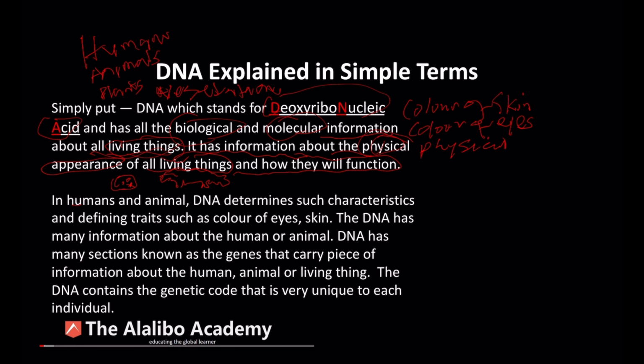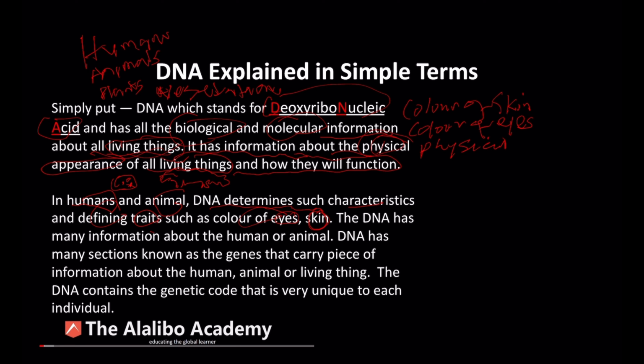So in humans, DNA determines such characteristics and defining traits such as color of eyes, skin color, and other characteristics that we have.